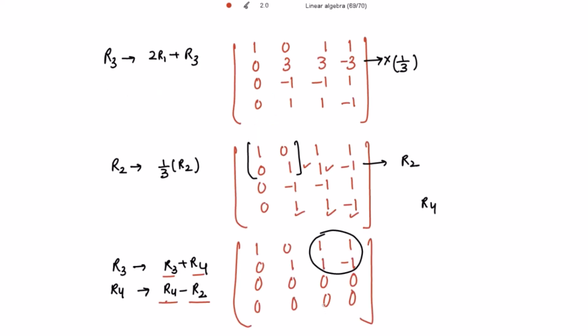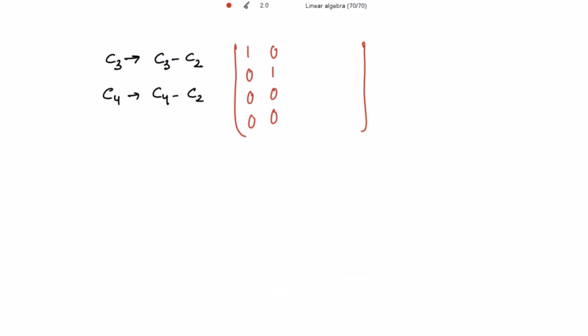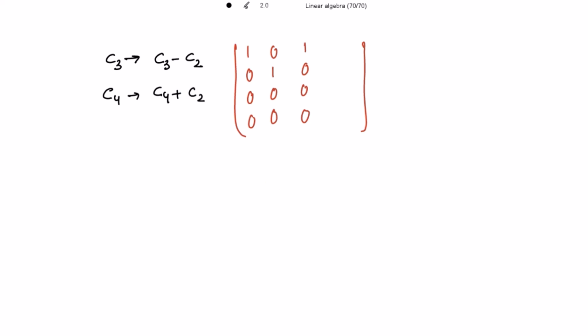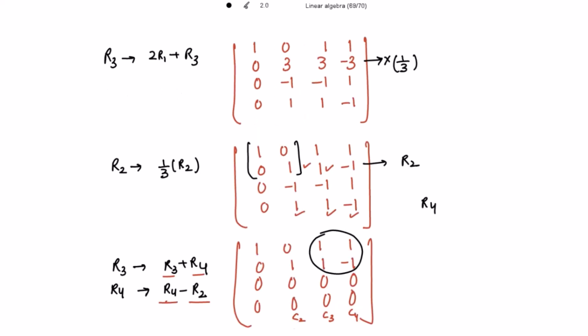Now C3 minus C2: this is column 2, this is column 3. C3 minus C2 will be 1 0 0 0. Let me change column 4 by adding the elements of column 4 with column 2. When we add these two columns, we get 1 0 0 0.